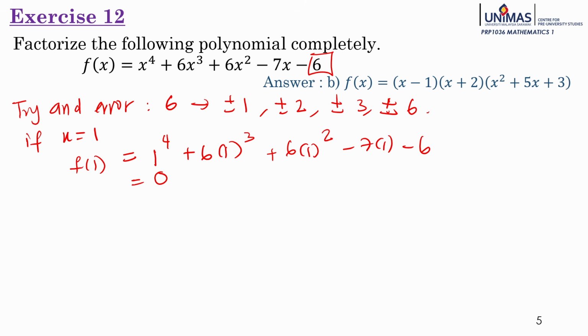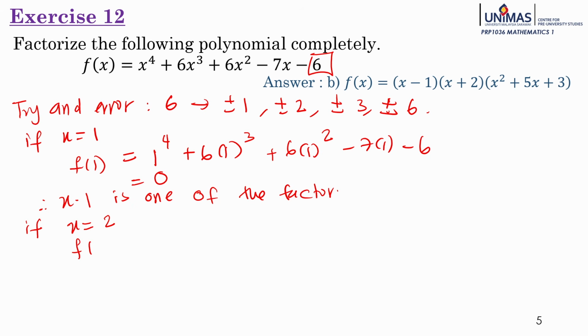So that means x minus 1 is one of the factors. If the answer is not 0, that means it's not a factor. Maybe I show you x equal to 2. What is the answer when we put 2?